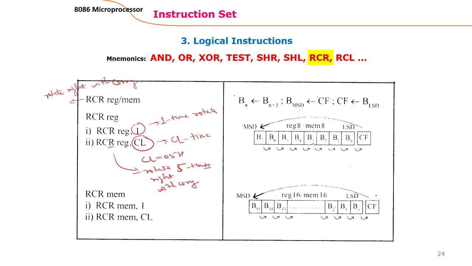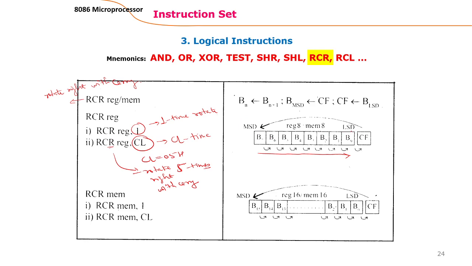So the example is given where we are rotating to the right side, and we can see that we are rotating with the carry. That means the rotation will include the carry flag bit.